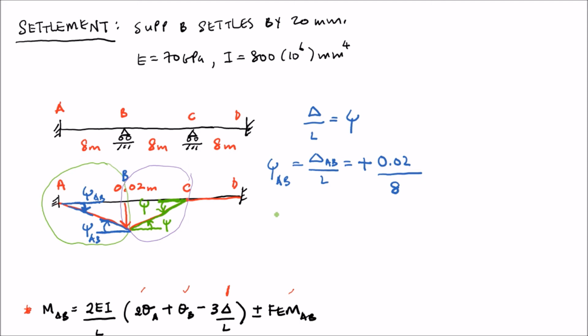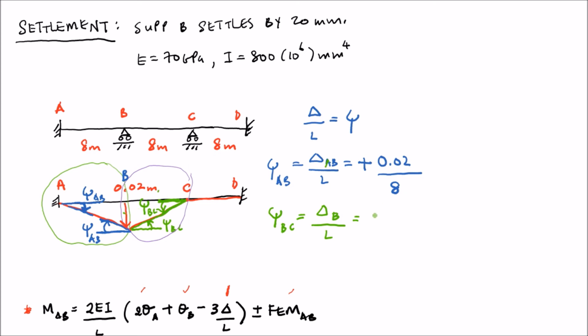So the rotation for BC will be the same for both. This is BC, this is also BC. It's equal to delta B divided by the length, which is the tangent, opposite divided by adjacent.